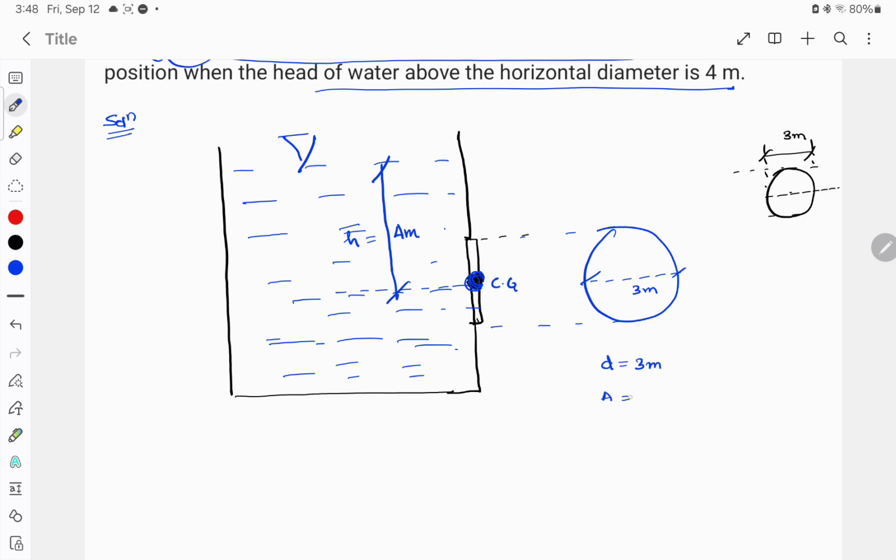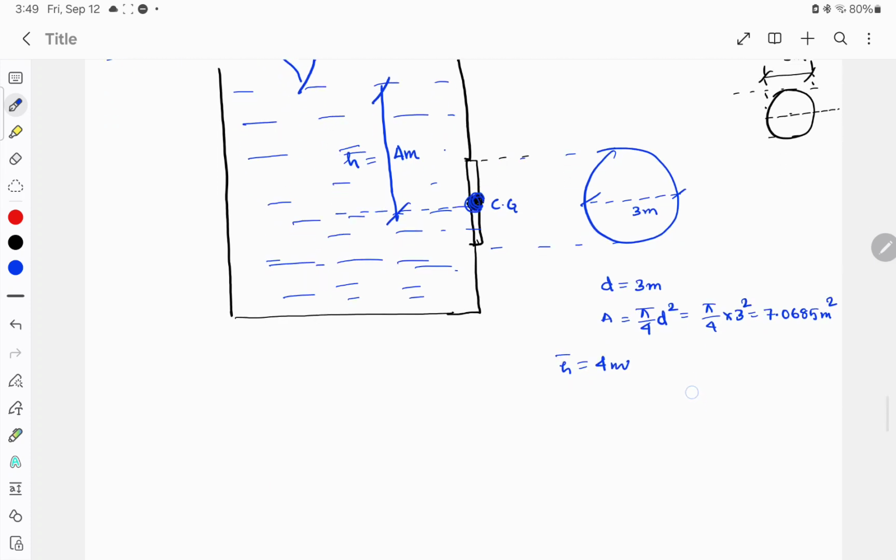Area is pi by 4 d square, which is pi by 4 into 3 square, which is equal to 7.0685 meter square. H bar is how much? H bar is 4 meter. They have directly given it in the question.